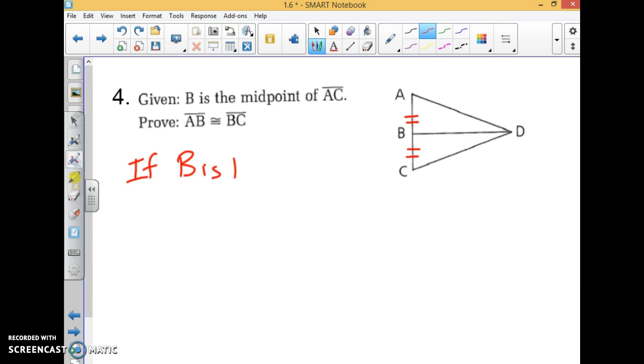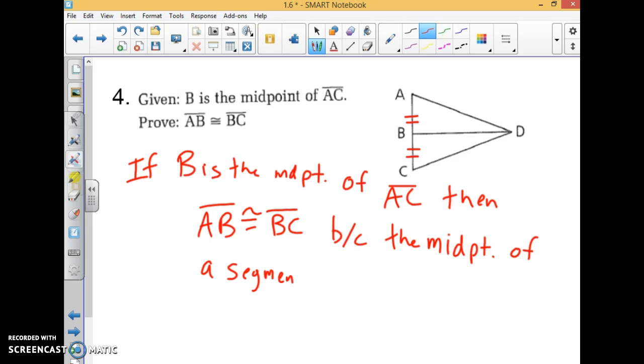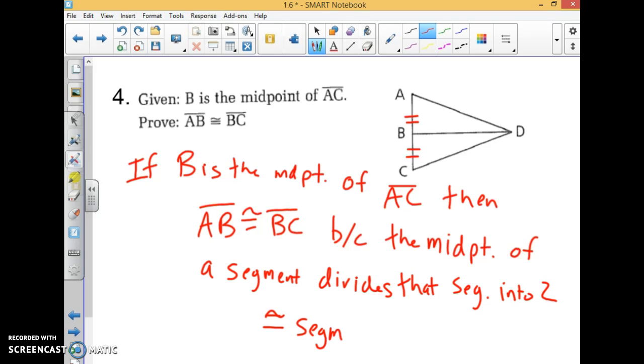If B is the midpoint of AC, then segment AB is congruent to segment BC because, and we're relying on the definition of a midpoint here, the midpoint of a segment divides that segment into two congruent parts. Two congruent segments, let's say.